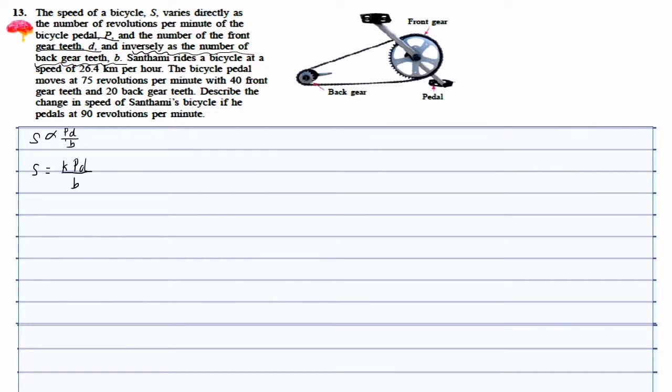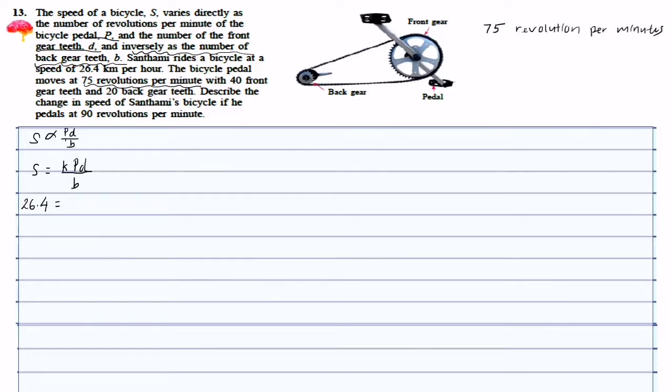Shantimi rides a bicycle at a speed of 26.4 km per hour. So now the speed is 26.4. The bicycle pedal moves at 75 revolutions per minute. You need to change to revolutions per hour because the speed is in kilometers per hour.